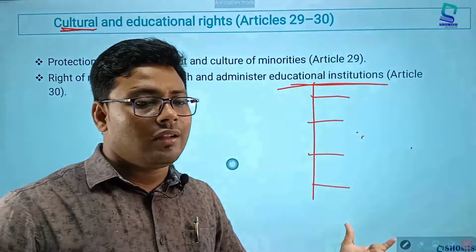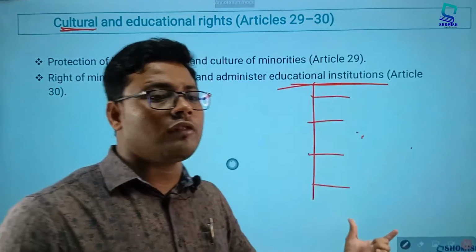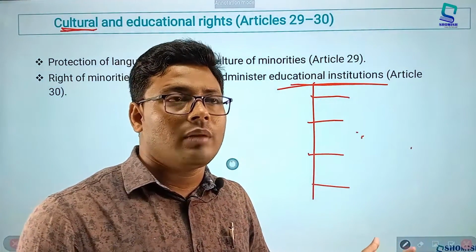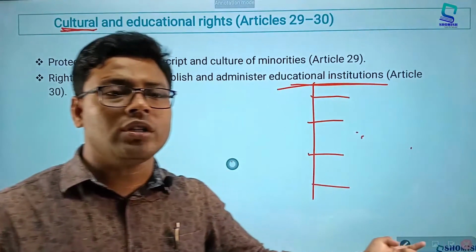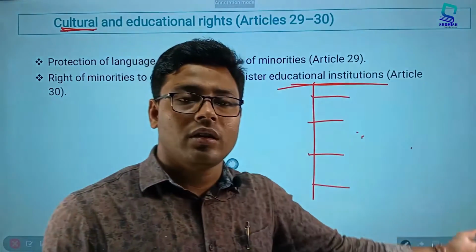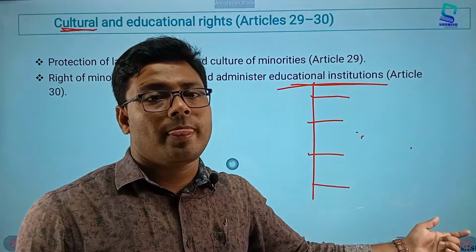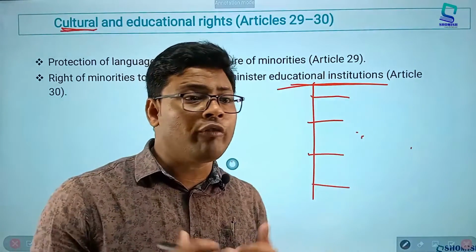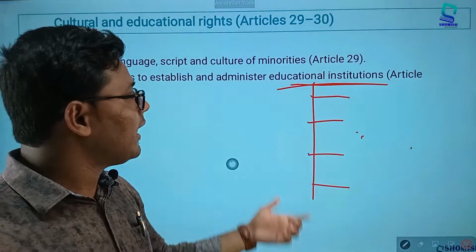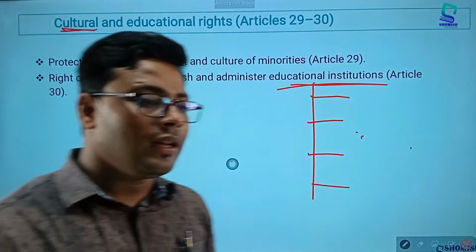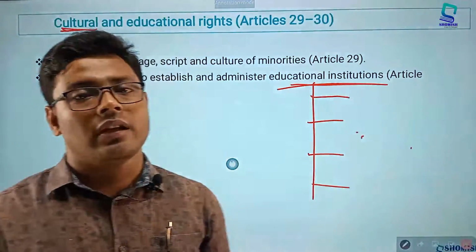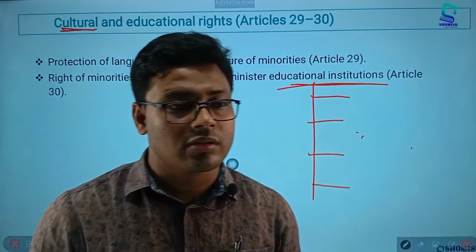Another, the administration of the institution may be by the government, but the remaining portion is done by a private entity. These are the 4 forms of educational institutions basically found in India according to the constitution.